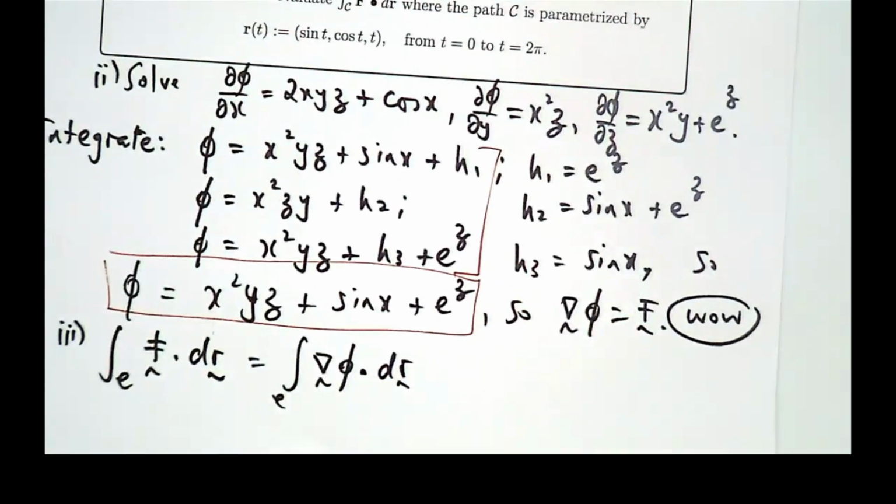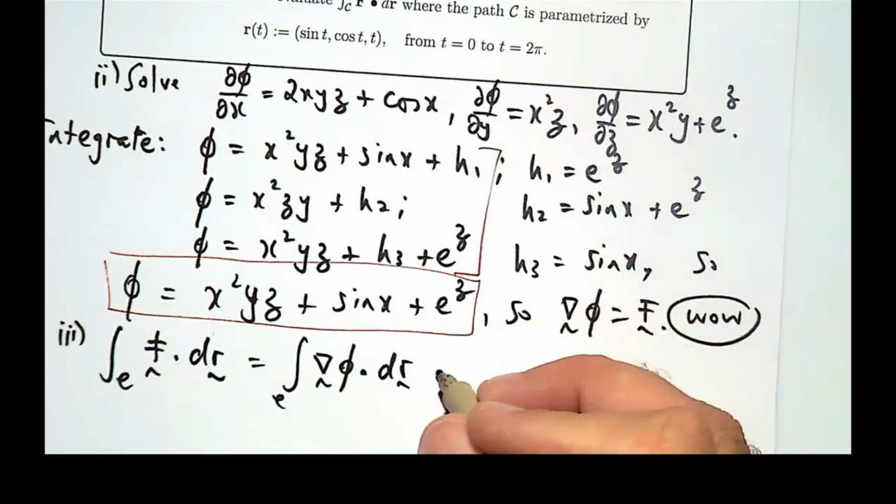Now, having this gradient here basically means the integral and the gradient kind of cancel out. I'll show you why that's true in a minute.